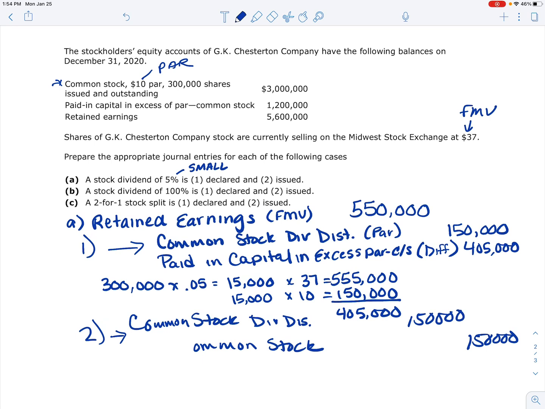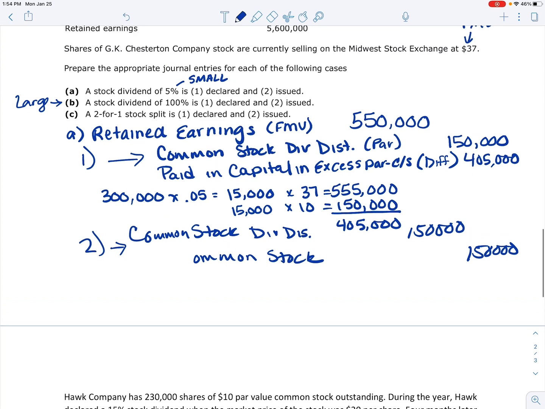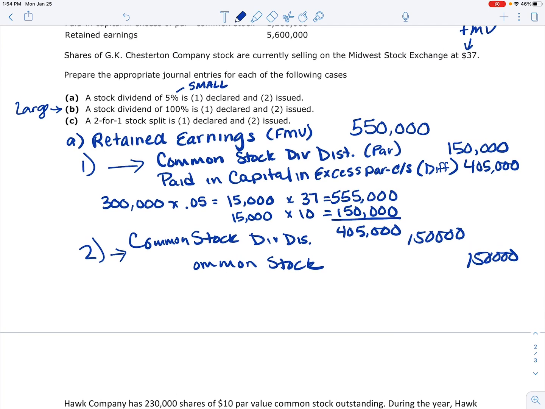Now let's look at the second one, B. B says they're going to issue a 100% stock dividend. That's a large stock dividend. I wish I owned those shares. Let's see how we would record that one. So for B, again, we're going to debit our retained earnings at declaration.